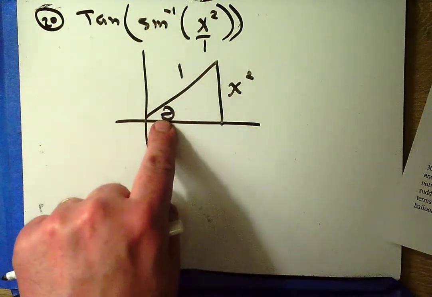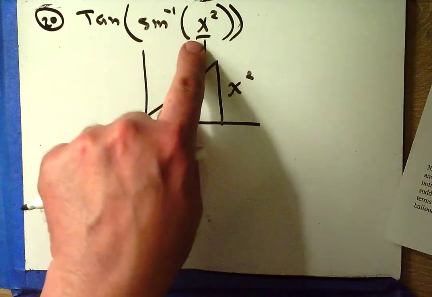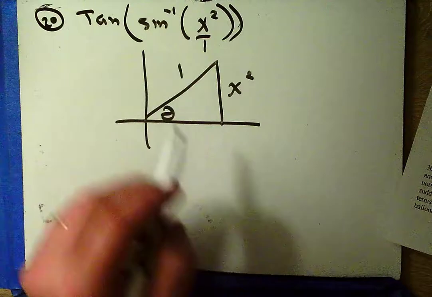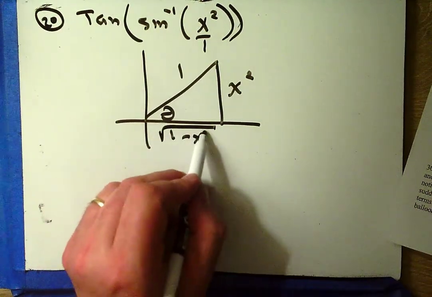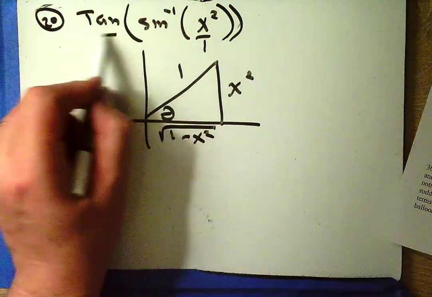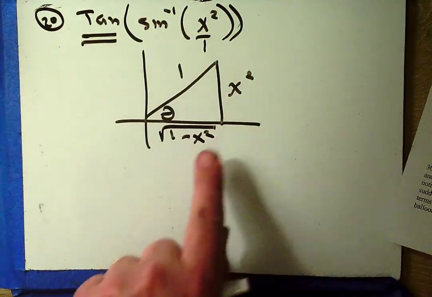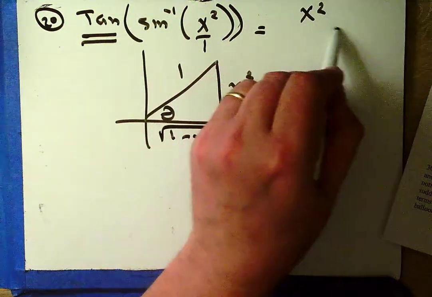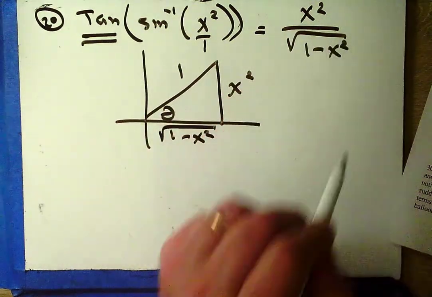What angle has an upness, or a sine, opposite over hypotenuse, of x squared over 1? I'm going to use the Pythagorean theorem to find this missing side. And now, what's the tangent in this picture? Tangent is opposite over adjacent, and so I get x squared over the square root of 1 minus x squared.